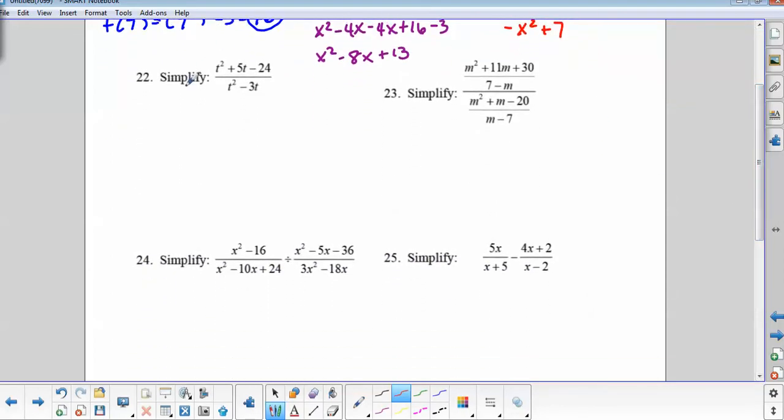Okay. To simplify the rational equation, you need to factor. So I'm going to start by factoring the numerator. Numbers that multiply to negative 24 and add to 5. That would be positive 8 and negative 3, and now let's use the t.